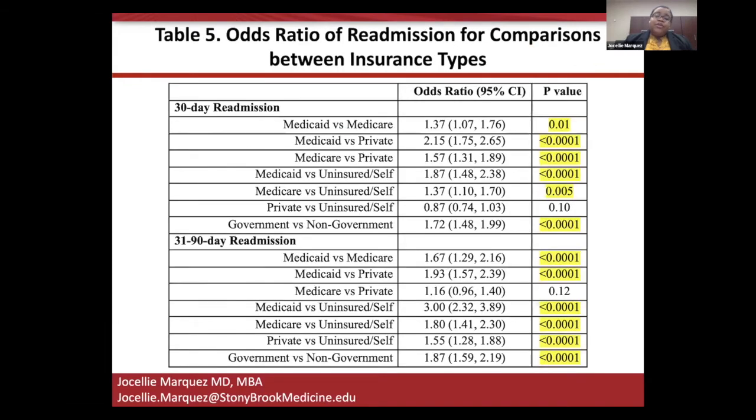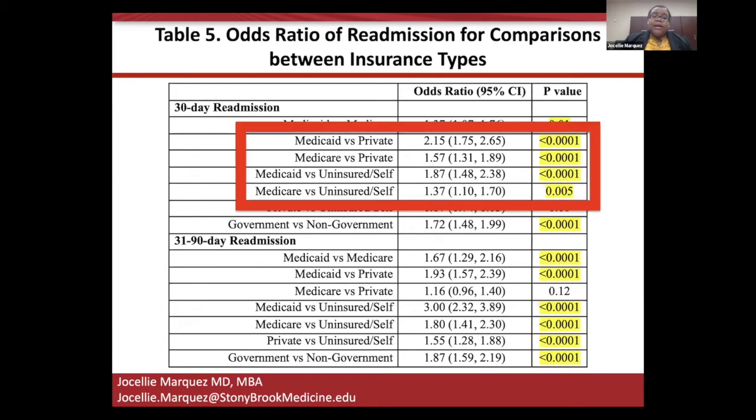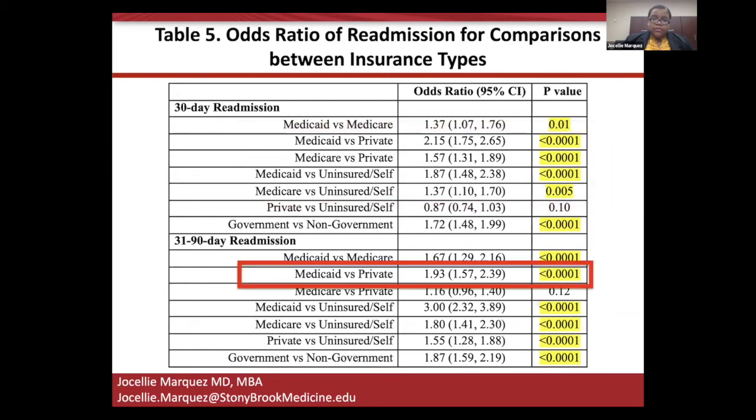When looking at readmission rates for these patients, Medicaid and Medicare patients were both individually most likely, compared to private patients, to have a readmission within 30 days. And the same was seen when compared to uninsured patients. For readmissions between 31 and 90 days, Medicaid patients versus private were more likely to present for readmission.